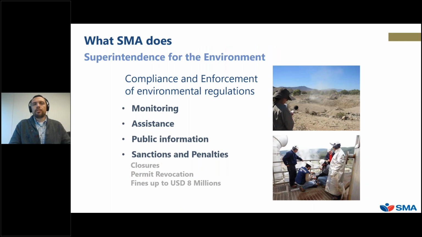For compliance and enforcement, we do different kinds of activities, including monitoring, compliance assistance, public information, sanctions, and penalties, such as closures, permit revocation, and fines up to $8 million for each violation. So it was a huge change.